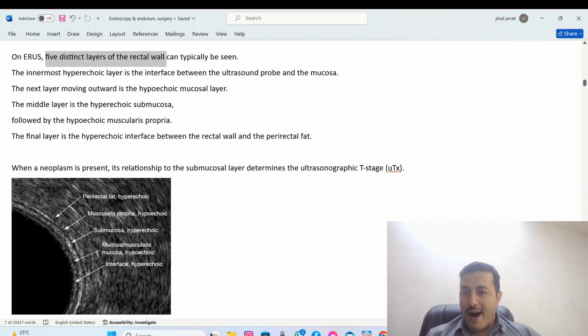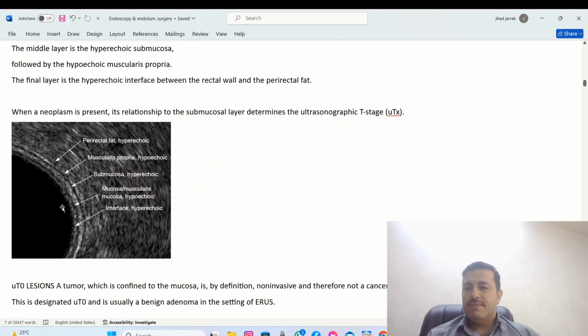If we move up a little bit, we get to the muscularis propria, which is hypoechoic, and externally the 5th or final layer is the hyperechoic perirectal fat. So the most important, I think, is to notice the submucosa, which is this interface. Where is it? This one.